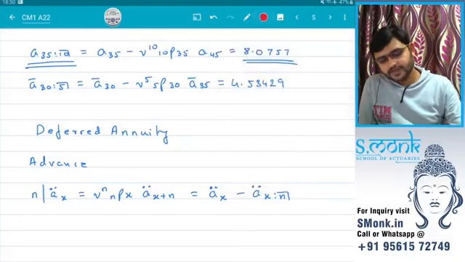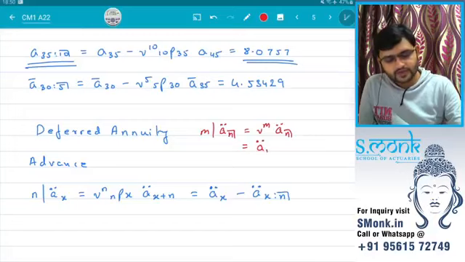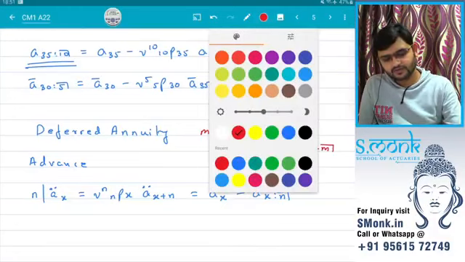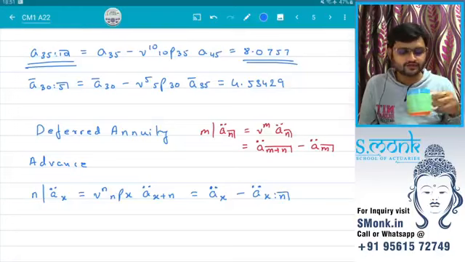If I say m deferred a due n, that would be v raised to m a due n, or it can be written as a due going for m plus n years, subtracting the first m years of annuity from the total.